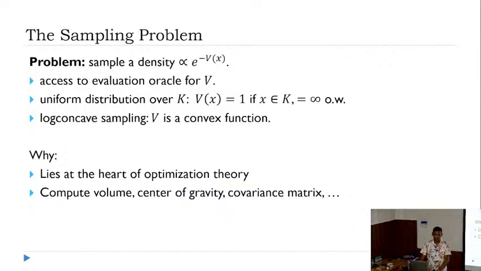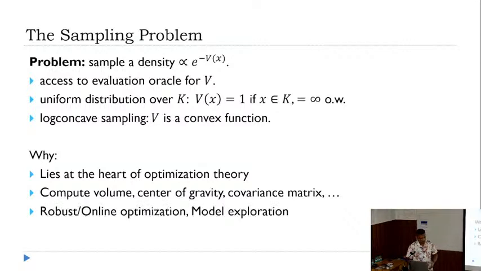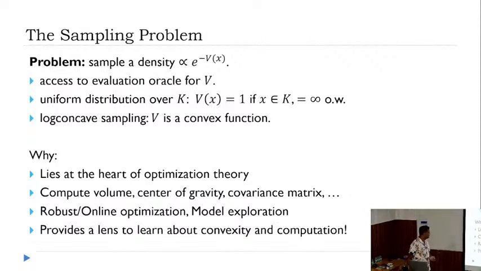It's on GitHub. People are using this in bioinformatics for metabolic sampling, and for various other variants of optimization such as robust and online. The problem seems to provide some new insights into convexity and also what's computable and not.